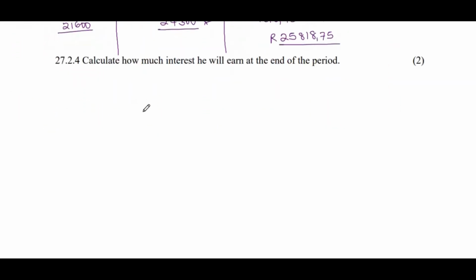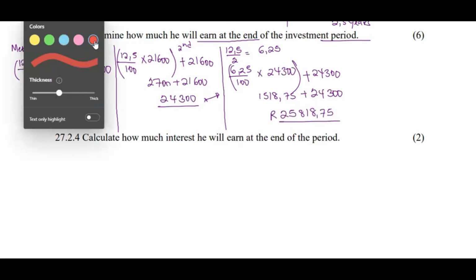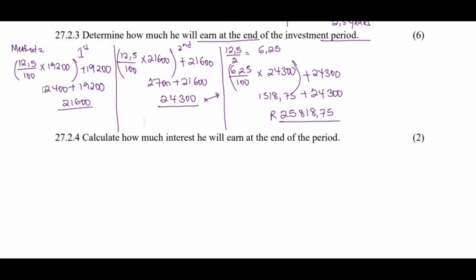All right. Calculate how much interest he earned at the end of the period. Now, if you've used method 2, you take the interest as these values. You only take these values, and you add them up. That's the interest.